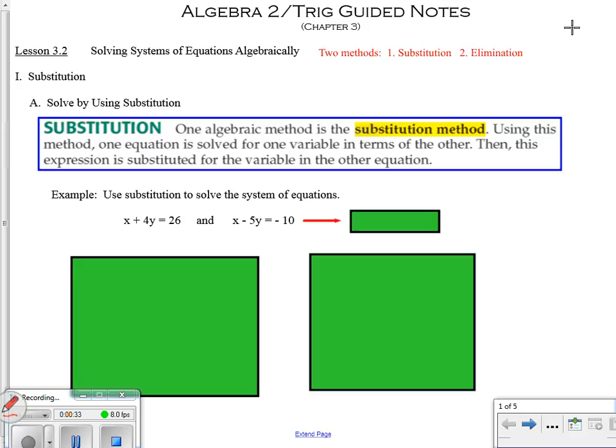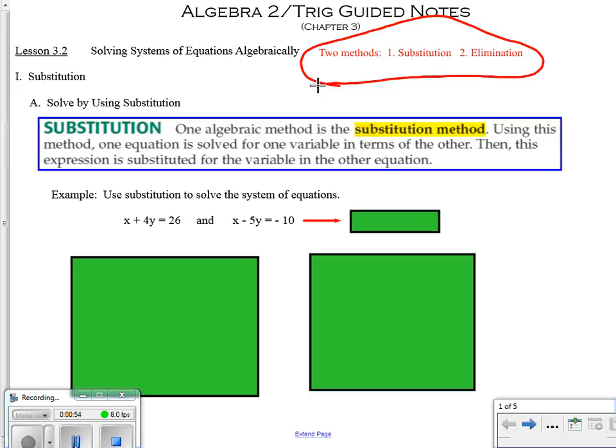Now there's two ways to do this. There's two methods, substitution and elimination. They're two completely different forms, but essentially in both cases you are solving out the equations without having to graph anything. So in our first example, we'll be talking about substitution.